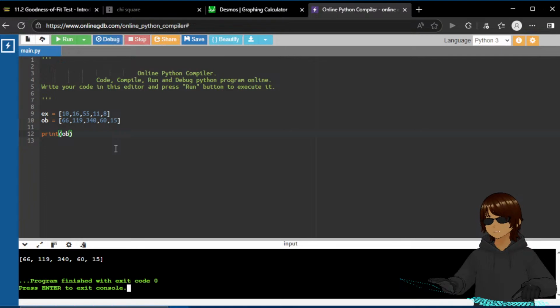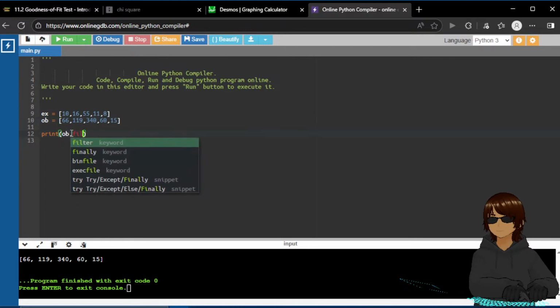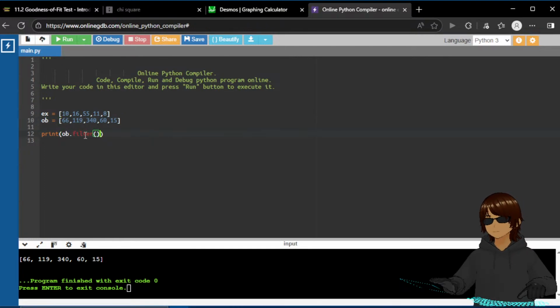Let me check one thing. Yeah, we have this, but what if I do, I forgot how to use the filter.